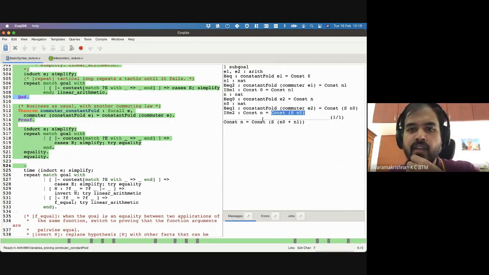So which means that n is n0 plus 1. Given that n1 is 0 and n is n0 plus 1, this should be true. Do we agree? We do, right? So it's sort of just looking at the constructor.